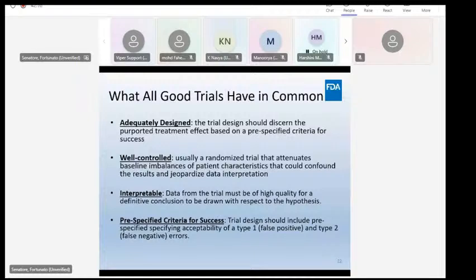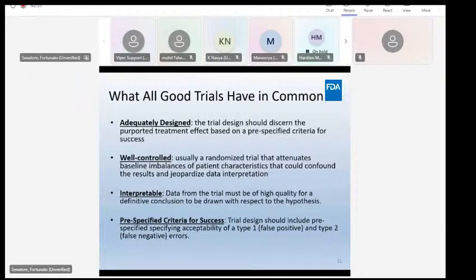Data from the trial must be of high quality for a definitive conclusion to be drawn with respect to the hypothesis. And there needs to be a pre-specified criteria for success. A trial design should include pre-specified acceptability of a type 1 false positive or type 2 false negative error.